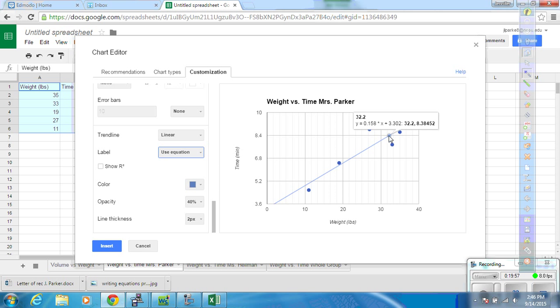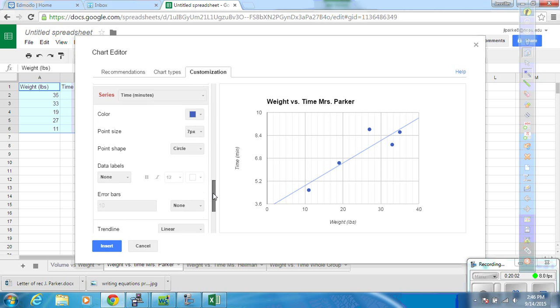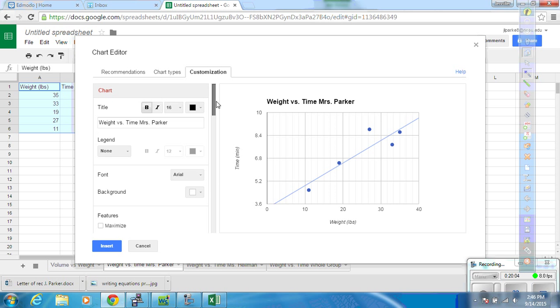So it will label it with that. So use equation, and then that should, there we go. So you do have to have the legend showing up in this one. On Excel, you don't, but if you make sure that your legend is showing up, then the equation for your trend line will actually show up.